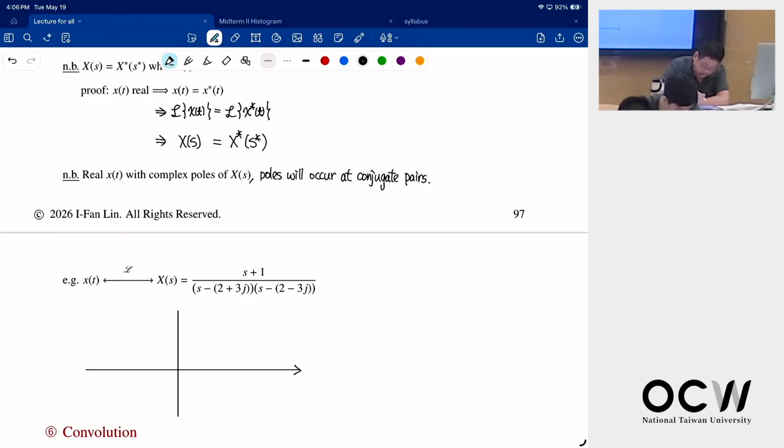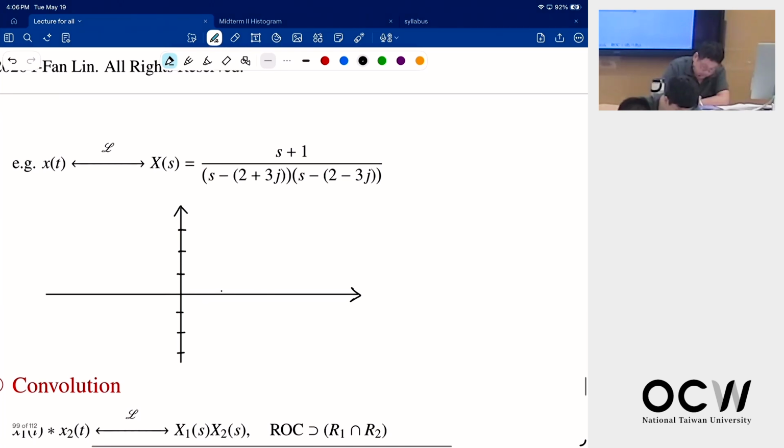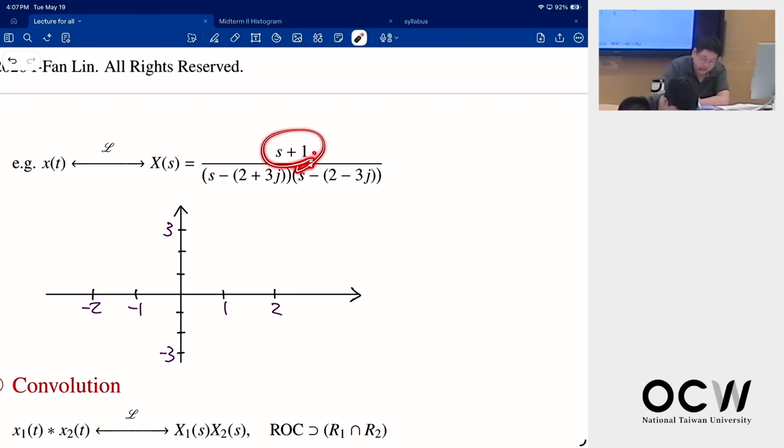So suppose here we have 1, 2, 3, minus 1, minus 2, minus 3. 1, 2, minus 1, minus 2. Okay, this is 3, minus 3, 1, 2, minus 1, minus 2. First, we have poles. We have zeros. 0 is minus 1.